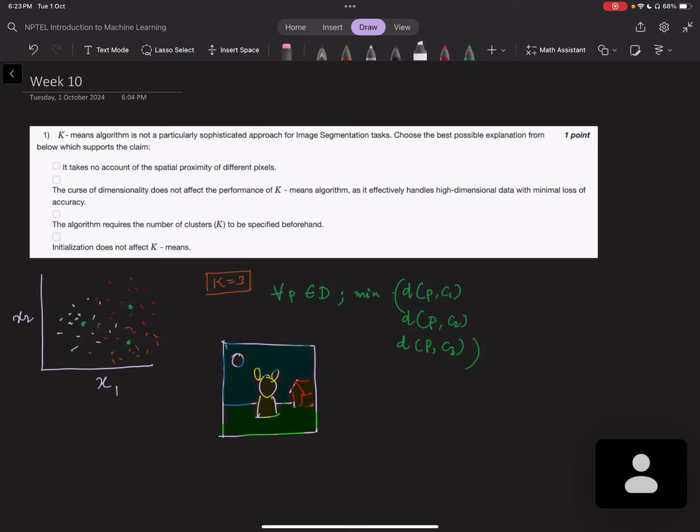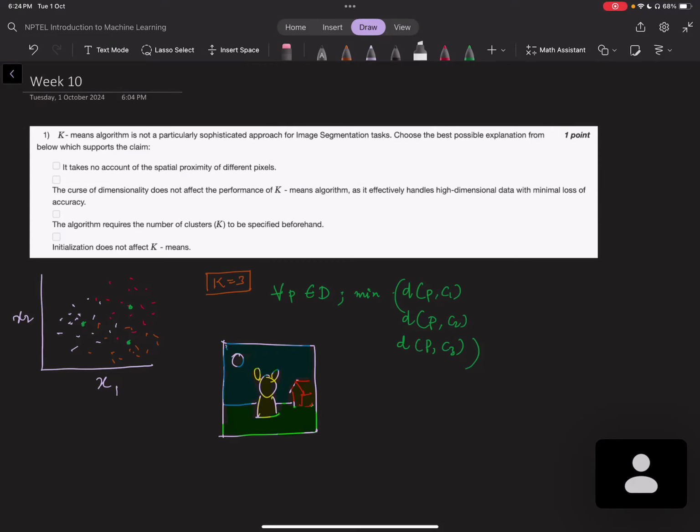It is saying that k-means clustering is not a good way of doing this task, because option 1 is it takes no account of the spatial proximity of the different points, and second is the curse of dimensionality doesn't affect the performance of the k-means algorithm, as it effectively handles high dimensional data with minimal loss of accuracy.